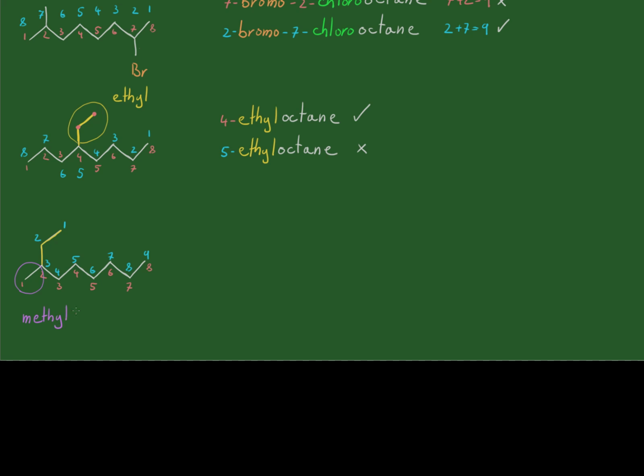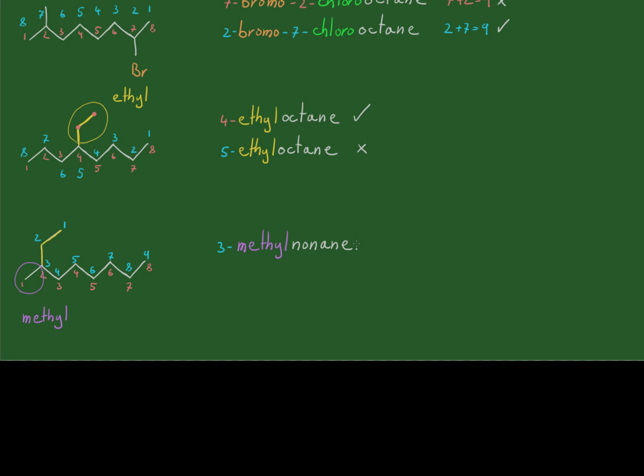So the name of my compound would be 3-methyl, because the methyl substituent group is on carbon 3 of the longest chain. And then it's not octane, but nonane. 3-methyl nonane.